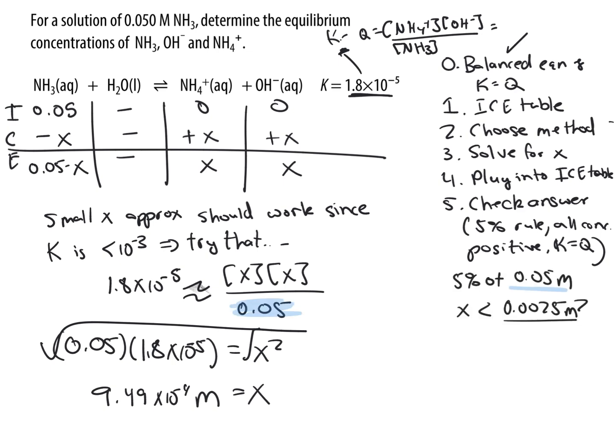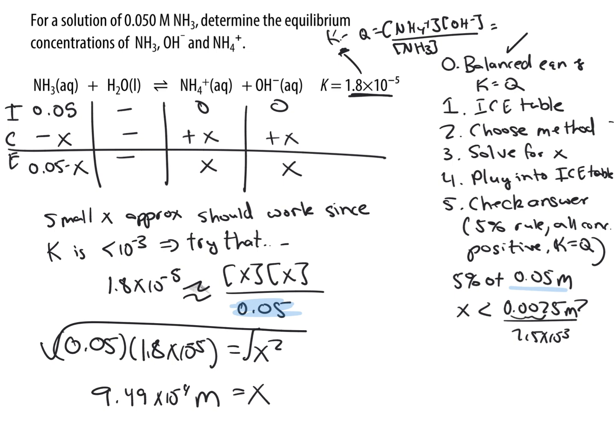So checking our approximation, the 5% rule would say, okay, we hope that x is less than 5% of the thing we said it was smaller than. We said x was a lot smaller than 0.05, so less than 5% of 0.05, that's again 0.05 times 0.05, which is 0.0025. Is x less than that? Yes.